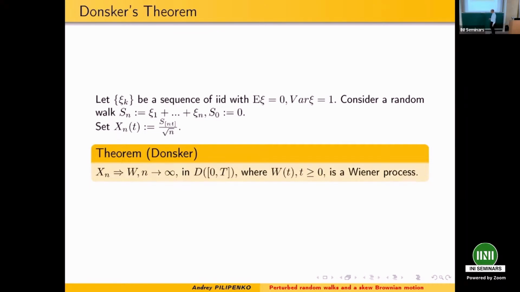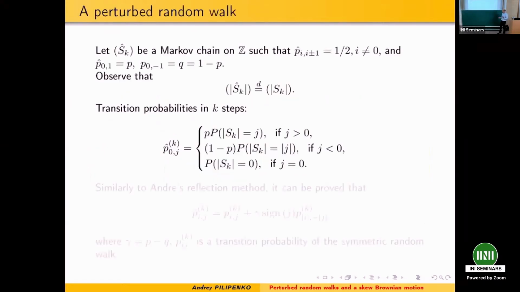And now we perturb transition probabilities in a finite number of points and try to find the limit. The first example that I explained two days ago is symmetric random walks, where we make perturbations only at 0, so we make some skewness at 0.